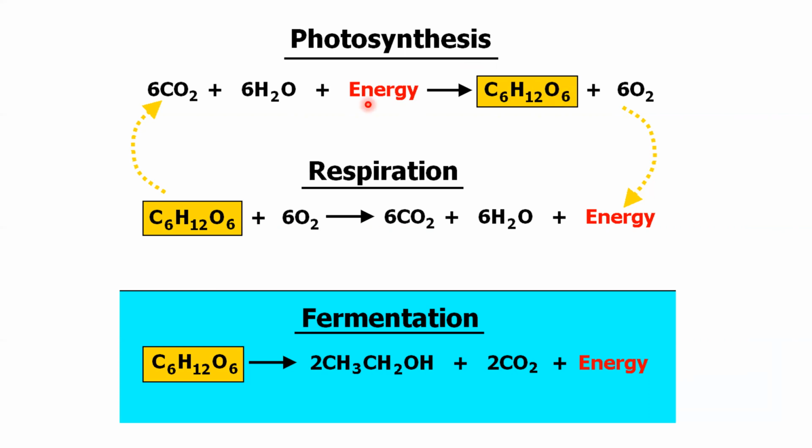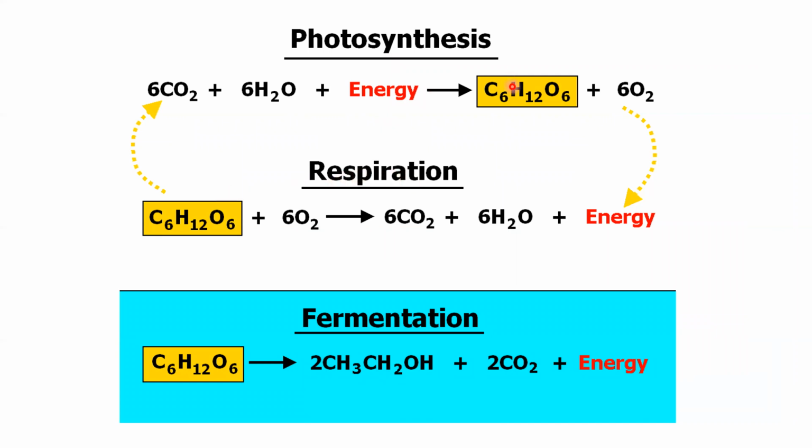Sugar is not made from energy. Sugar is made from carbon dioxide and water, and energy is transformed from light to chemical, and energy is stored within the chemical bonds of the sugar molecule. Now that's photosynthesis, and only some organisms can do it, like plants. Respiration is for all living cells.